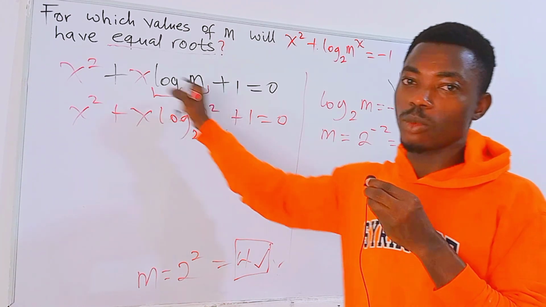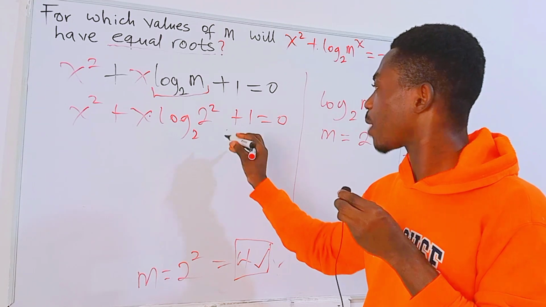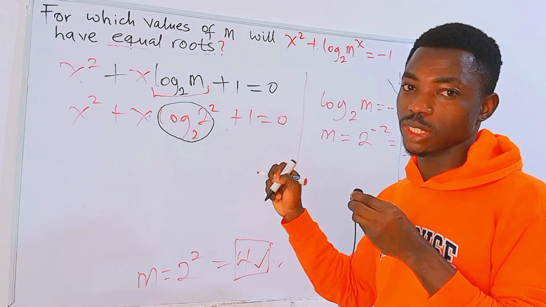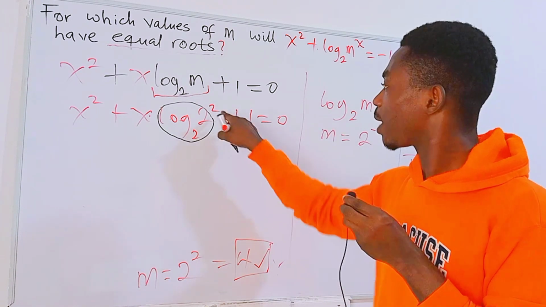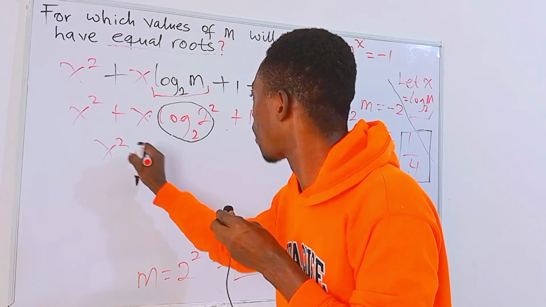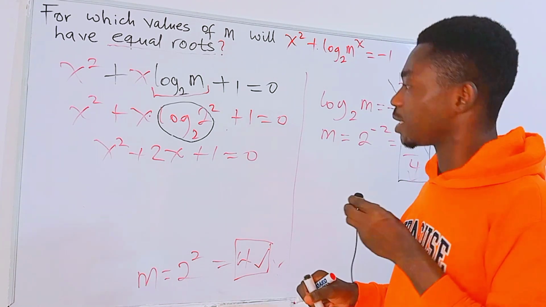This is log, so we can move the power to the front right here. And if we do that, we see that we are left with 2 log base 2 of 2, which of course is 1. Then we have 2x here, so the equation now becomes x to the second power plus 2x plus 1 is equal to 0.